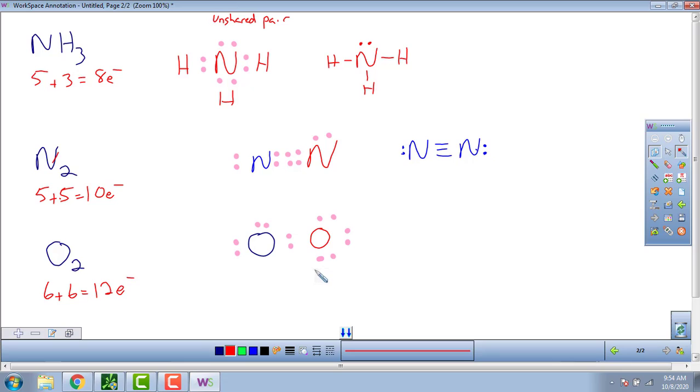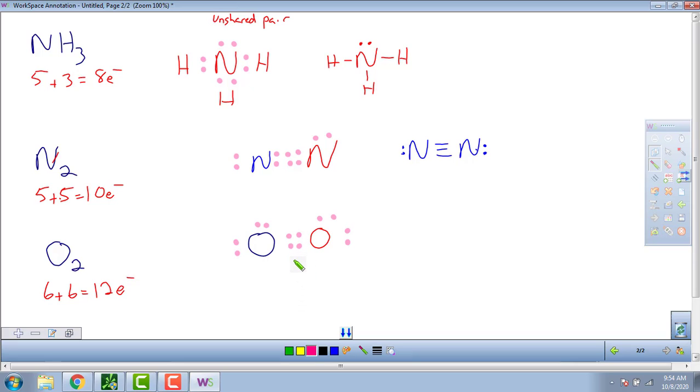Here's my 12. I see this oxygen has its 8, its octet, but blue only has 6. So since red has enough, it's going to share more. So we'll take 2 away, doesn't really matter from which side, and we'll put them in the shared area, the shared zone.